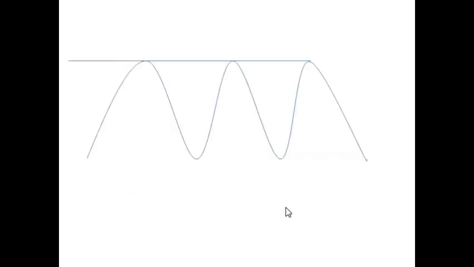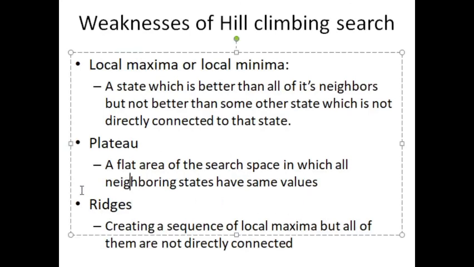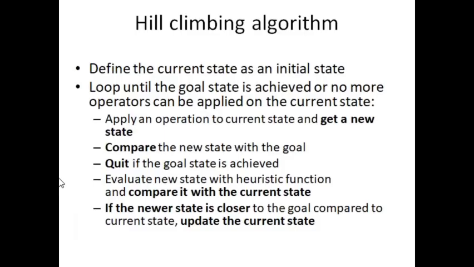So just look at the algorithm again. Evaluate the new states with the heuristic function. So I calculate the heuristic values by using the heuristic function. I will compare the heuristic value with the current state.